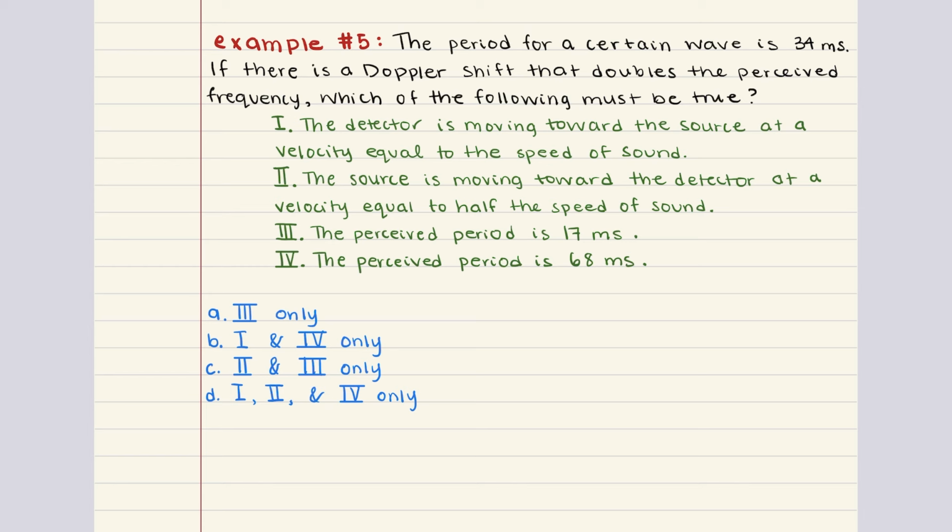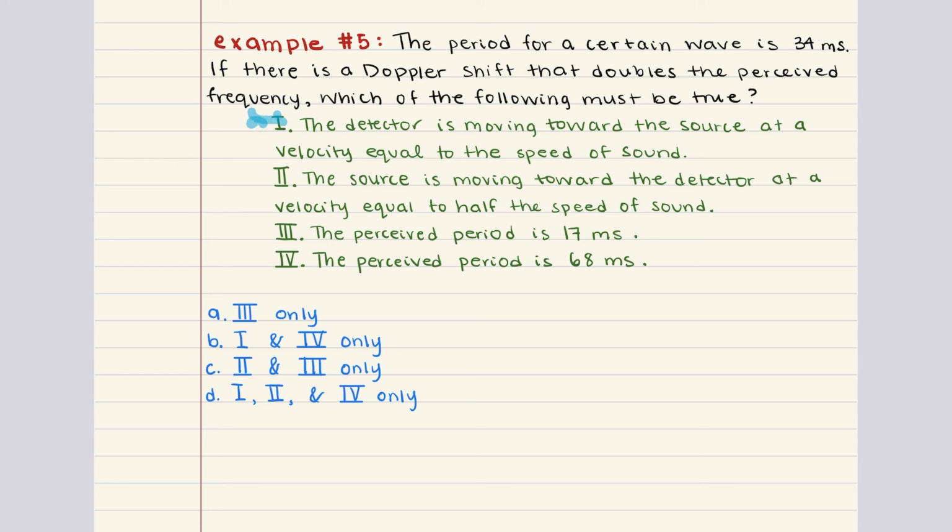While movement towards the source would increase the perceived frequency, moving at the speed of sound would create an extreme Doppler shift, likely resulting in an infinitely high frequency for an idealized case. Therefore, this extreme speed is really unnecessary to just double the frequency, and the statement is not necessarily true.